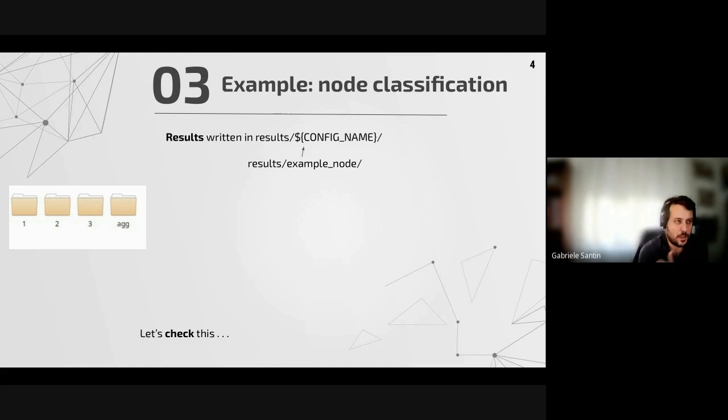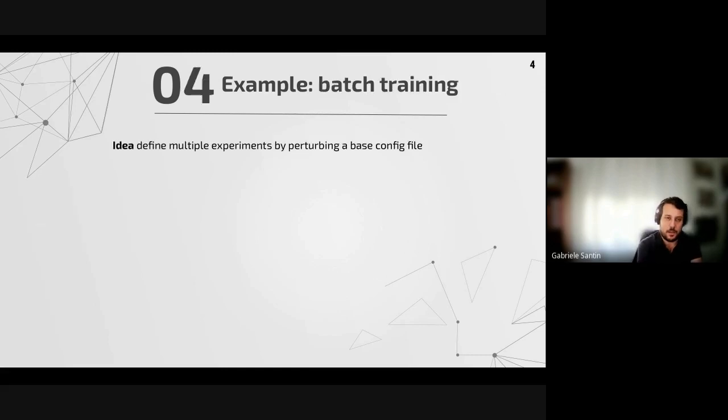But now this tool can do much more than that, and this actually leads us to the second experiment, the second example. So this is batch training, which is the idea of running not just one experiment, but a series of experiments to test multiple options.